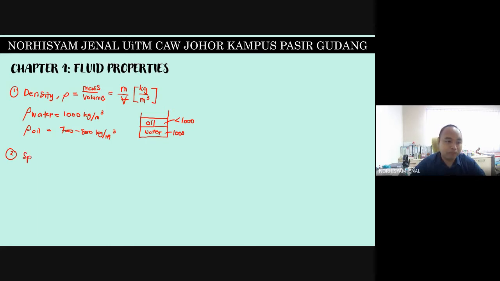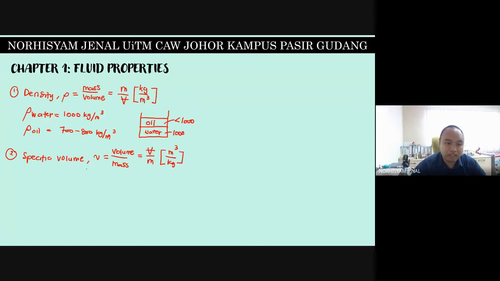Number two, we call the property specific volume. I go with this first. Okay, specific volume denoted like this is equal to volume divided by mass. This is the other way around compared to density. Okay, it means it will be V over M, and the unit will be meter cube over kg.